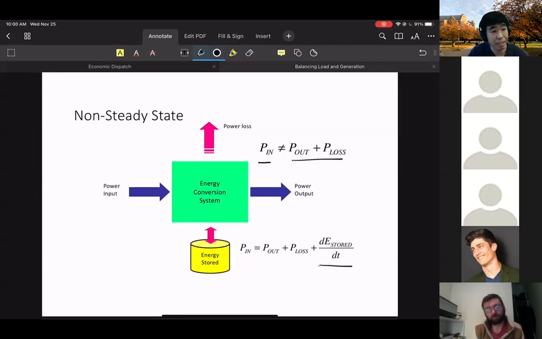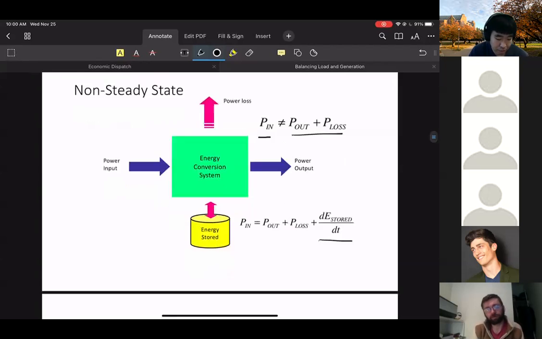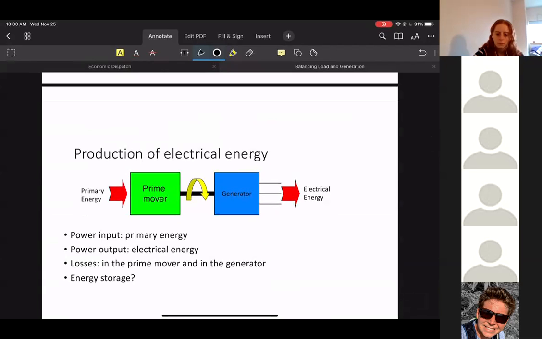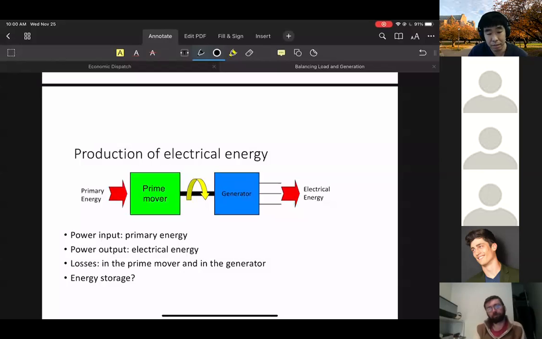All right, so we're going to look at where the storage comes from. Right now for the existing system, the storage comes from rotating generators, synchronous generators. This may change, we have a lot of renewables coming to the system, but for now it mostly comes from the spinning generators we have.